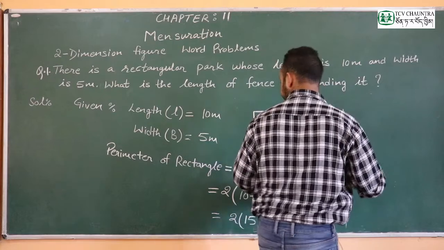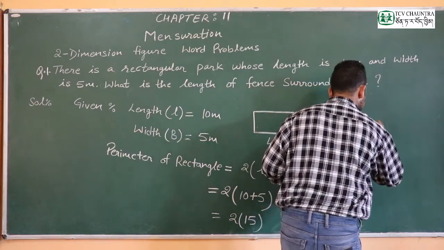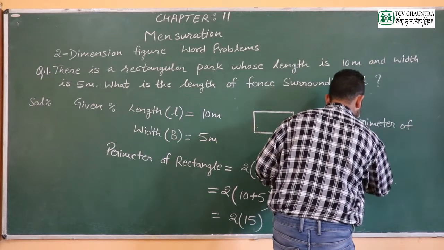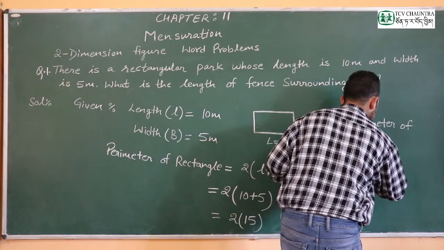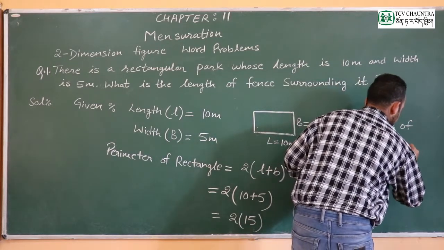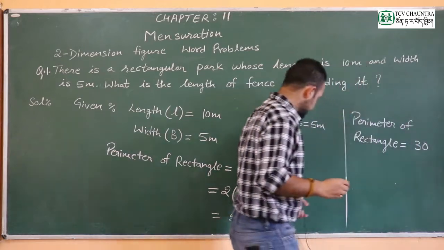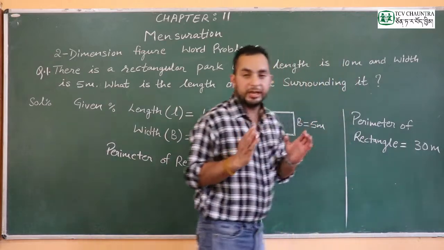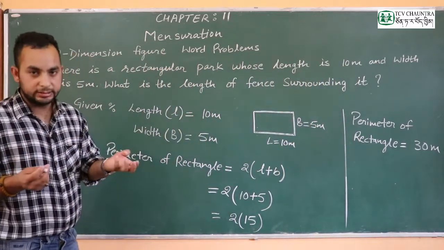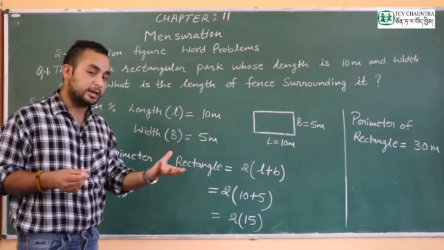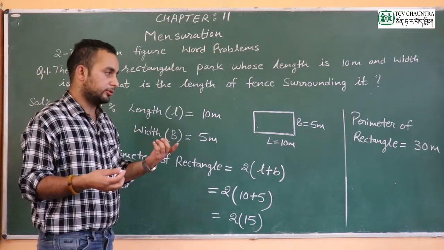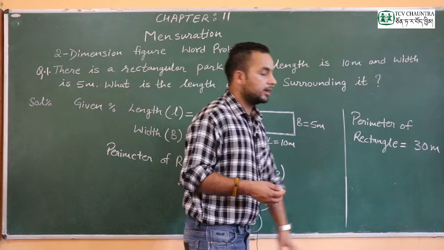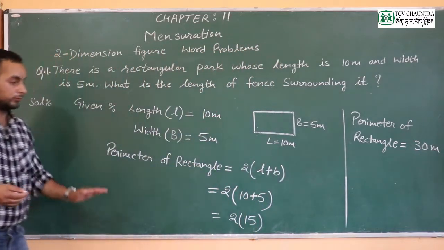Okay class, so the perimeter of the rectangle is 30, and the unit you will use is meter, because perimeter is always in meters or centimeters. Meter for meter, centimeter for centimeter. So the perimeter of the rectangle is 30 meters. This is the answer to this question.